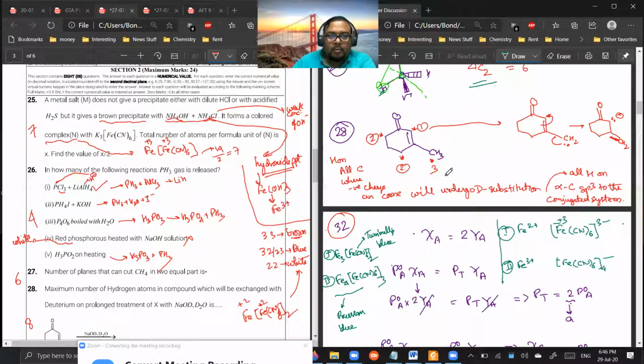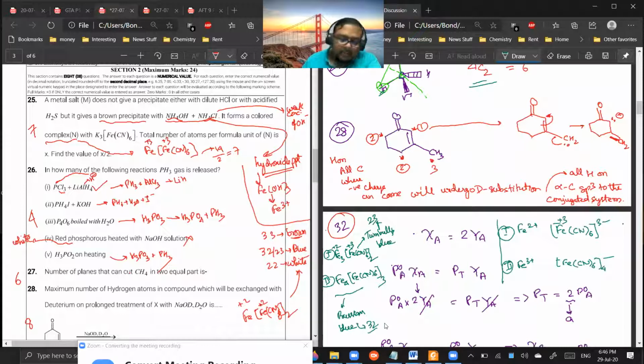The only thing you have to remember: for Turnbull's blue, I remember it as +3 inside and +2 outside, so I remember it as the 2,3 complex. Prussian blue is the 3,2 complex. Are you getting my point? Yes, no? Yes, sir.